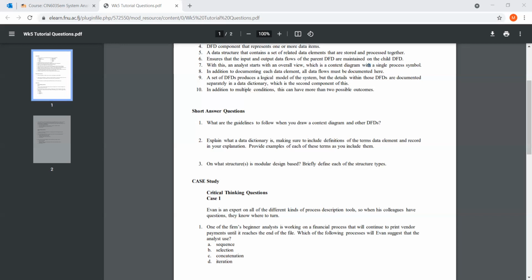Full stop. The completion of one of two or more process steps based on the results of a test or condition. Full stop. Move on to the next line.